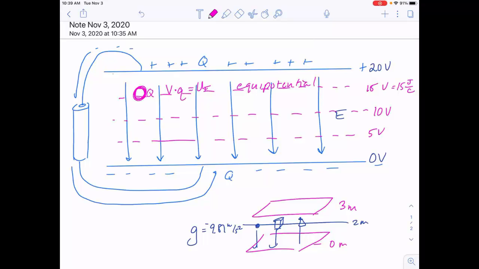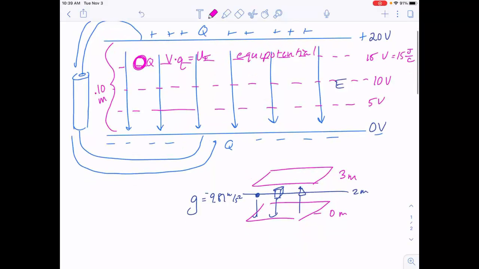Another thing that you'll see sometimes is distances. So let's say for a moment that this distance is 10 centimeters or 0.10 meters. Then I could say that the electric field here, there's a couple of different ways to define the electric field, but this is one of them: voltage is equal to electric field times distance.